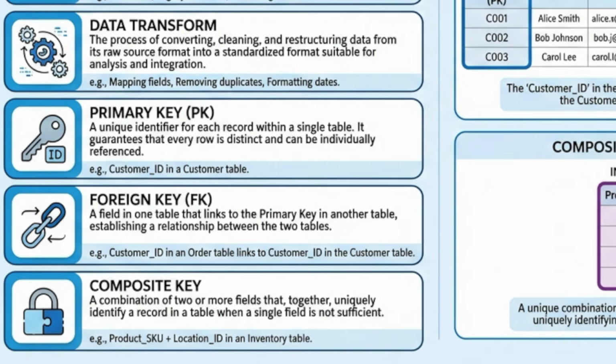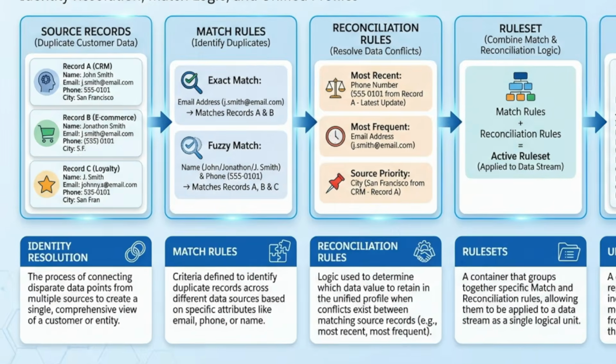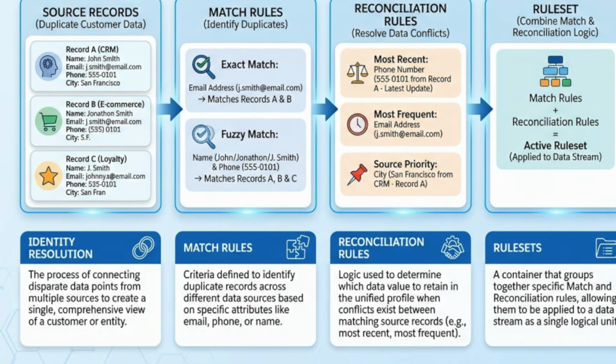Primary Key: a unique identifier for a record, like an email address or product. Foreign Key: a field that connects one dataset to another by referencing a primary key. Composite Key: a combination of fields that together uniquely identify a record. Identity Resolution: matching and reconciling records to build unified profiles.